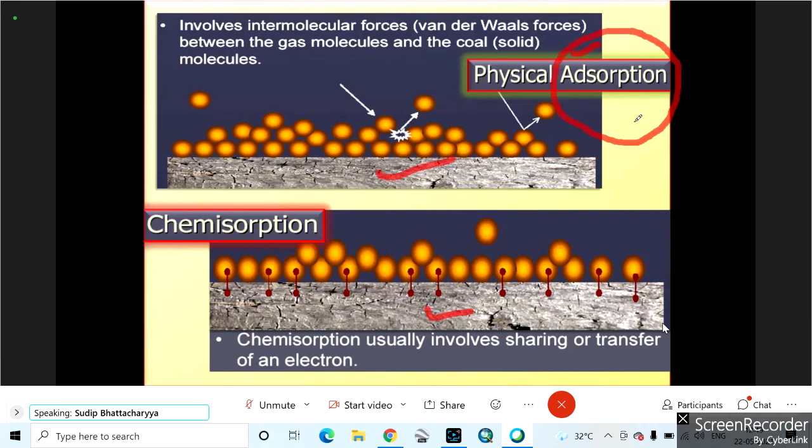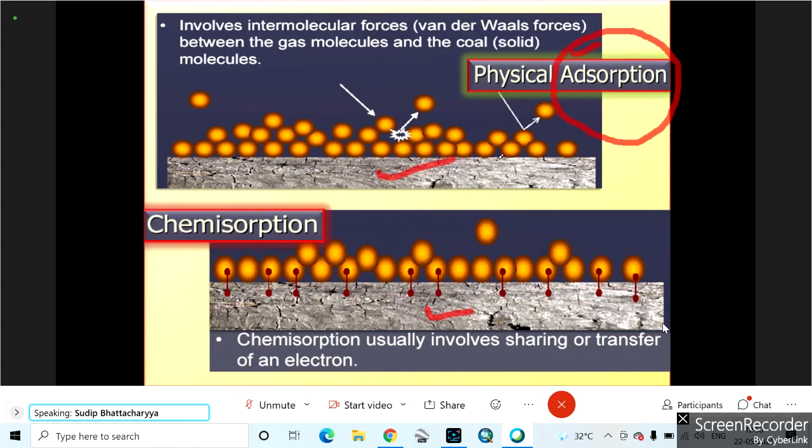So that is very important. And the opposite of adsorption is desorption. Desorption means the capacity to which it can free the gas. That means if we heat it, or if we depressurize a coal seam, or if the depth of the coal seam is less, then it will not be saturated like that.